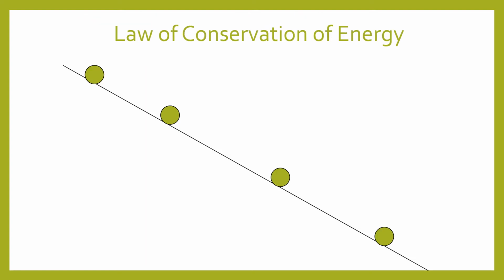Let's look at this again. Here's a situation of a ball rolling down the hill. This is the same ball at 4 different points in time. We can just imagine we took 4 pictures of the ball rolling down, and here it is: spot 1, 2, 3, and 4. When I just look at this picture, which spot has the most potential energy?